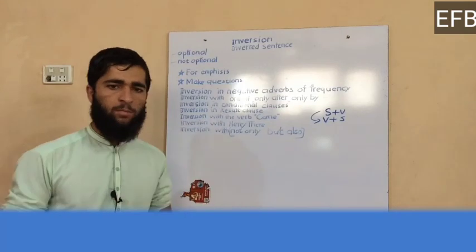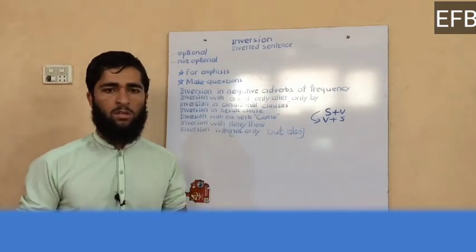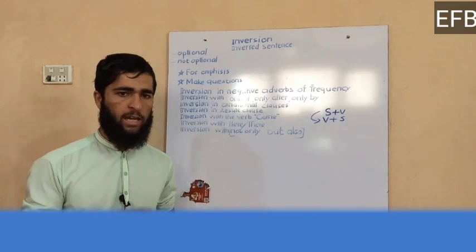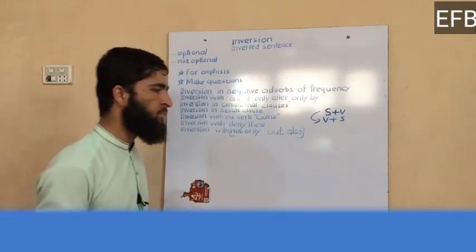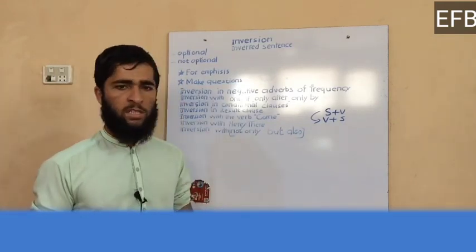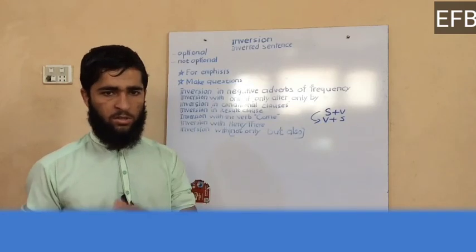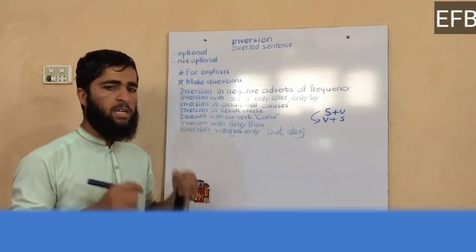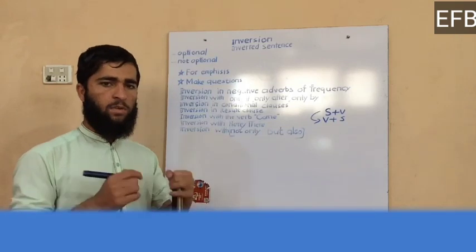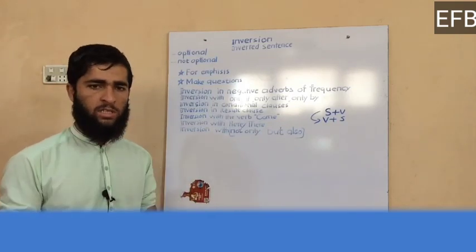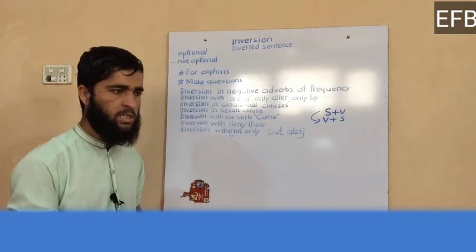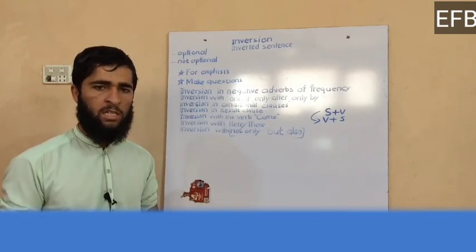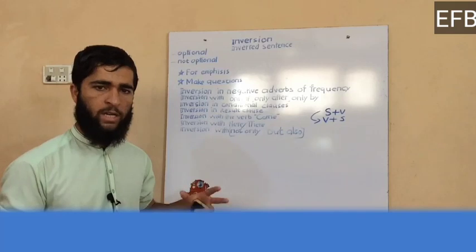Now let's talk about the types of inversion. It has two types, optional and not optional. Optional means you could use it or not use it. It's your choice. In this type of inversion, first we bring some unusual words at the beginning of a sentence, so it is optional.